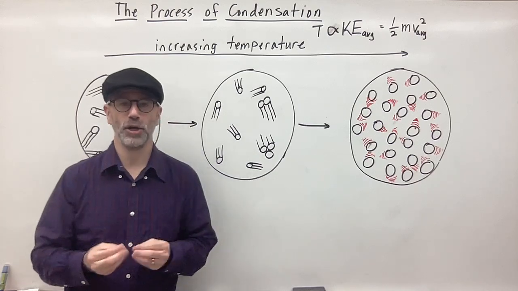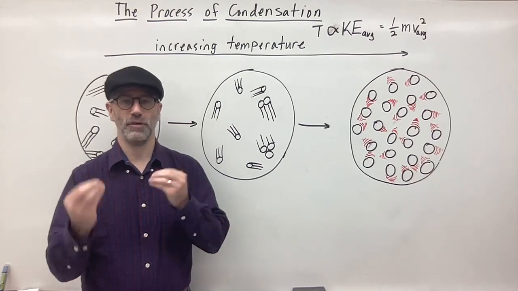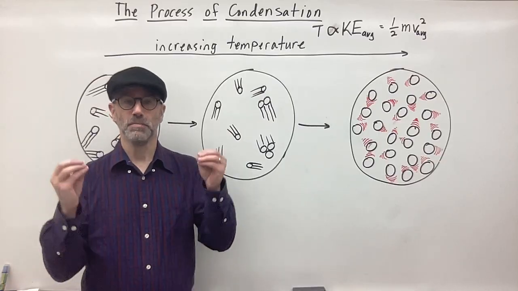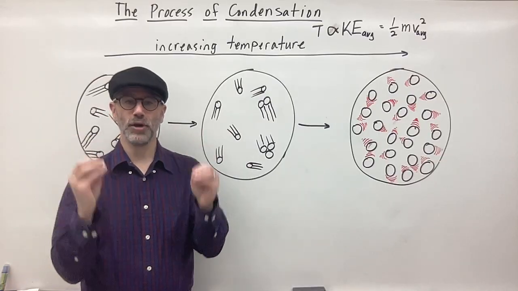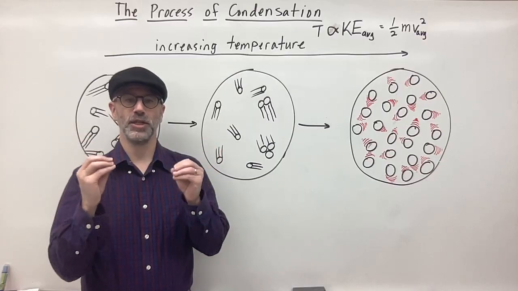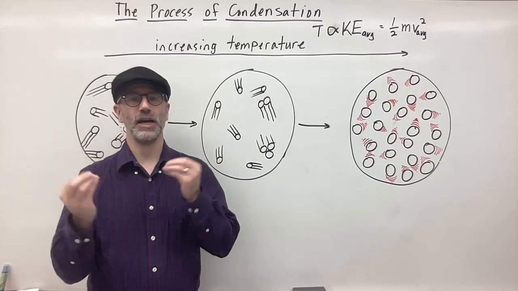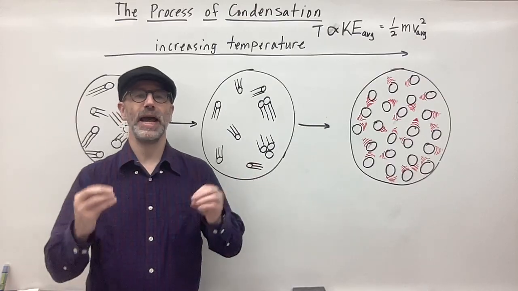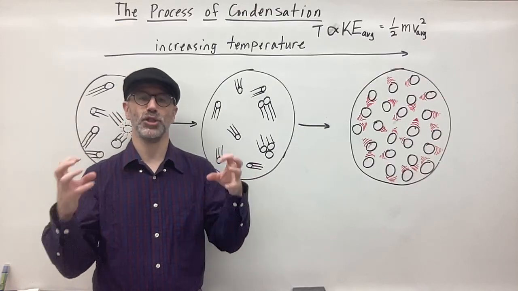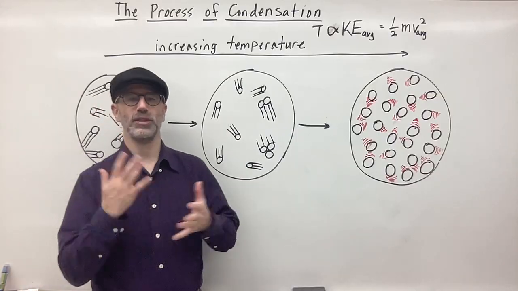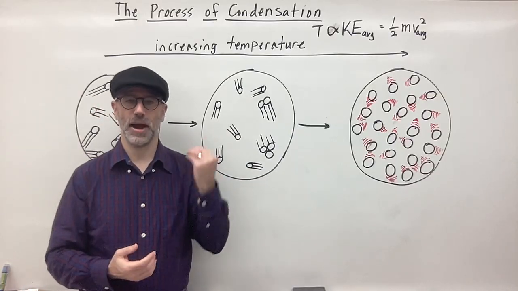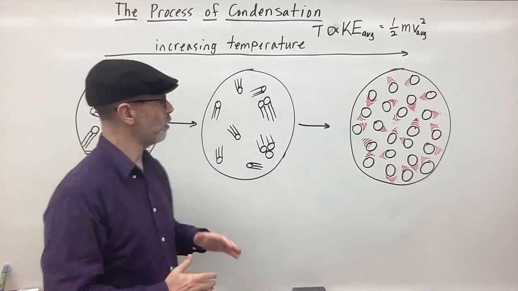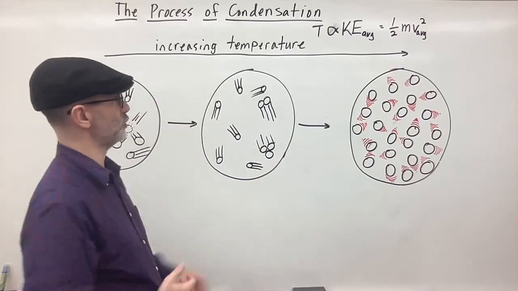That's also part of condensation or vaporization: the attractive interactions between the particles. So there is a kind of tug of war between the speed the particles are moving at and the intermolecular forces attracting them. That's what we have to keep in the back of our mind when thinking about these processes. Okay, let's look at my picture on the board.